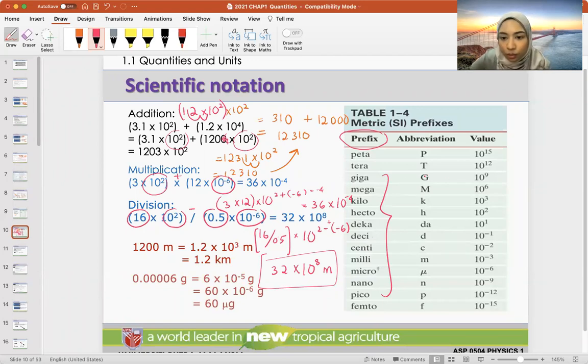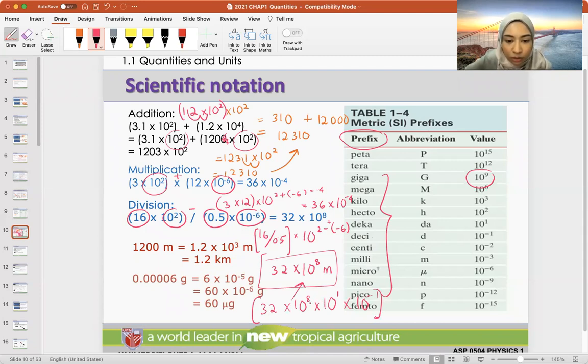So the closest one over here is 10 to the 9, but this guy is 10 to the 8. So what should you do? 32 times 10 to the 8 times 10 to the 1 times 10 to the minus 1. Why am I doing this? Because I want to make this value the same as before, but I want to change the scientific notation to 10 to the 9.